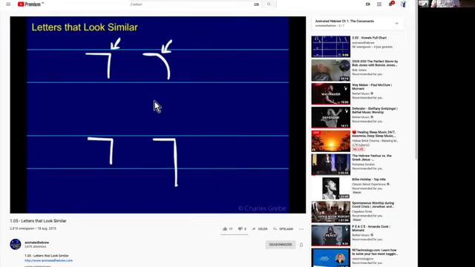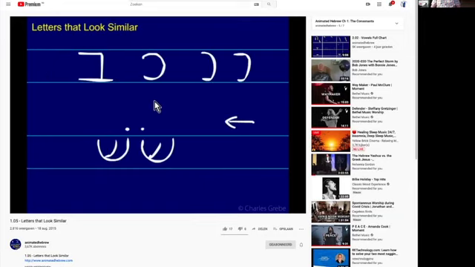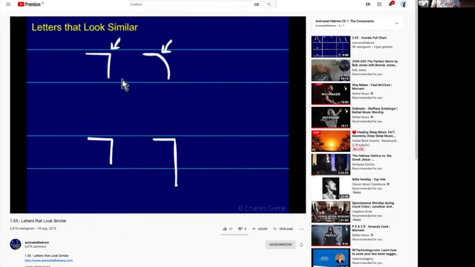So let's recap briefly here. We have bet and kaf, sharp angles, two strokes. We have sin and shin. We have dalet and resh. Remember this corner when you write this, give it an angle, and resh, don't put an angle on there.